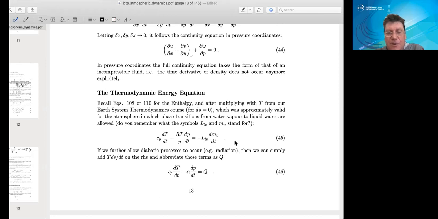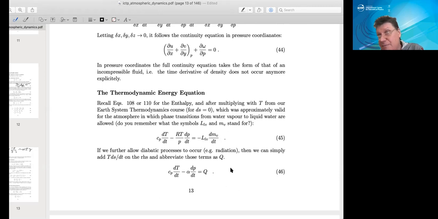Many boundary layer processes will change your temperature. So we are kind of very lazy and say everything that contains these diabatic terms is just abbreviated as Q on the right-hand side here. All the terms, including the diabatic heating term, are abbreviated as Q.